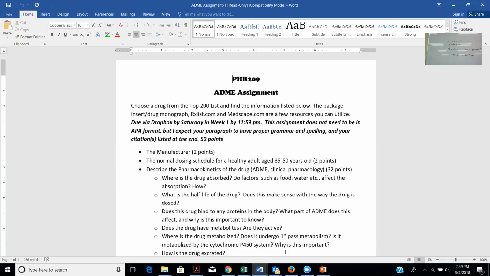So it's a little bit different. Usually that's done for business, each of the other corporate entities under the umbrella of the company. So I'd like you to pick out a drug off this list. And I would prefer if you pick out a drug you do a report on.